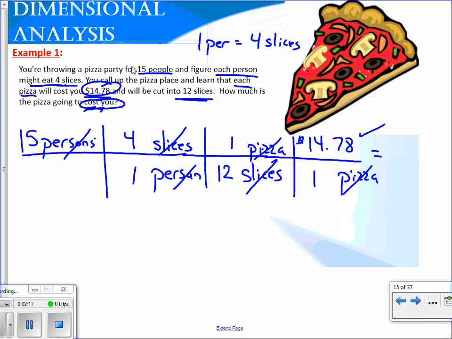Correct. So when we take this and we multiply 15 times 4 times 14.78, divided by 12, you get in your calculator 73.9, but since this is money, we know it's 73.90. $73.90. Of course, that excludes taxes and delivery. That would be another problem.